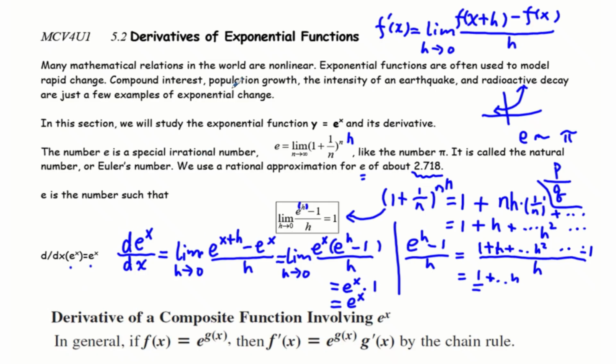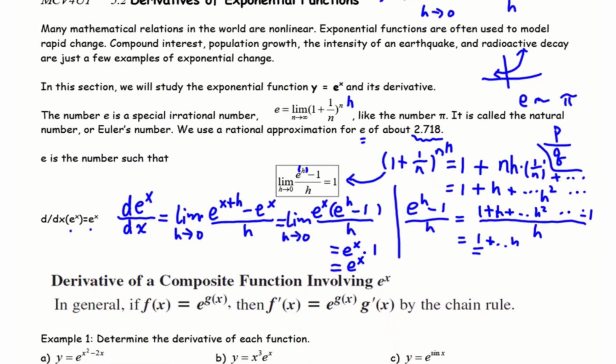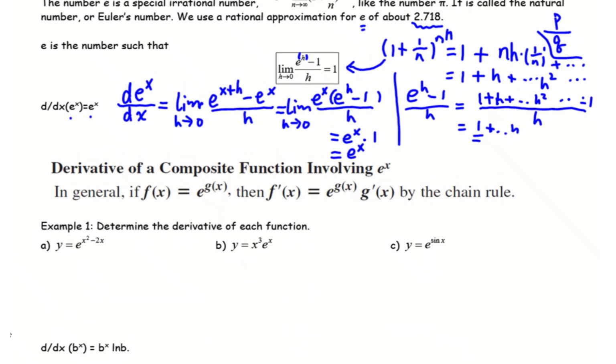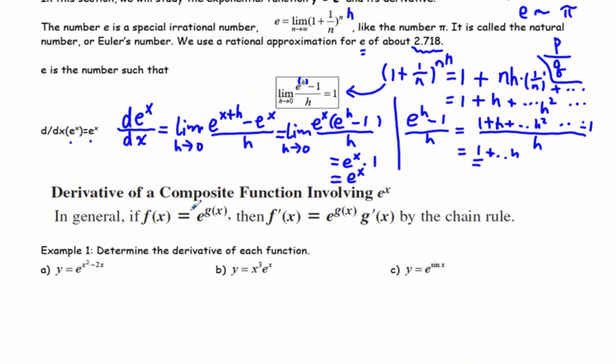So for the exponential function, if the base is e, then the derivative is itself. And with the chain rule, if the exponent is not x but is a function g of x, then we do the derivative of e first, which is itself, then multiply by the derivative of g of x, okay?